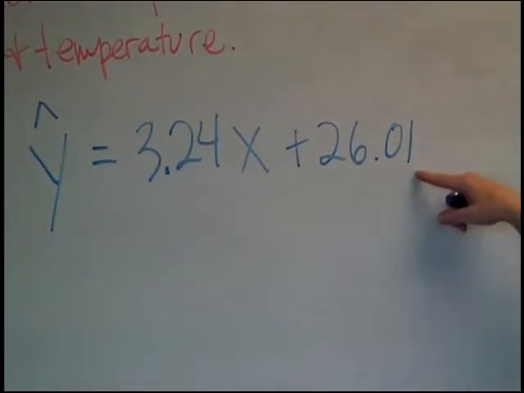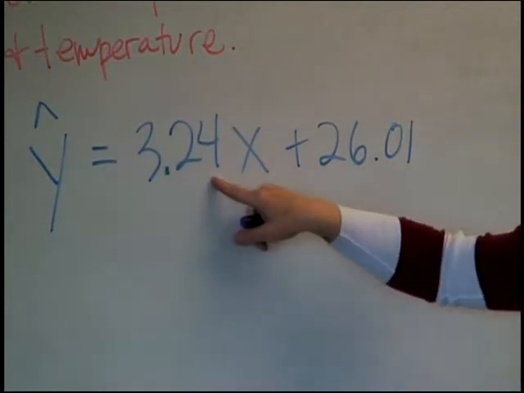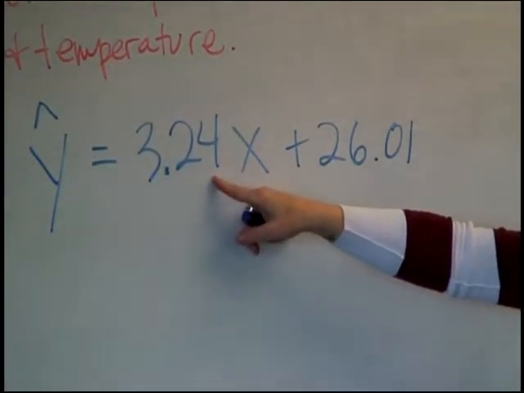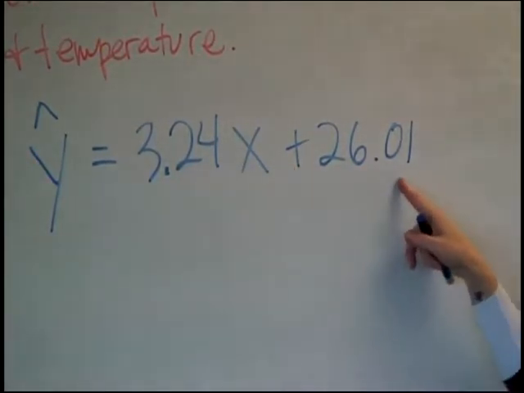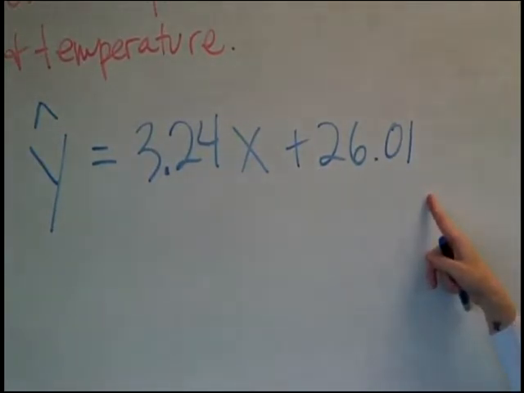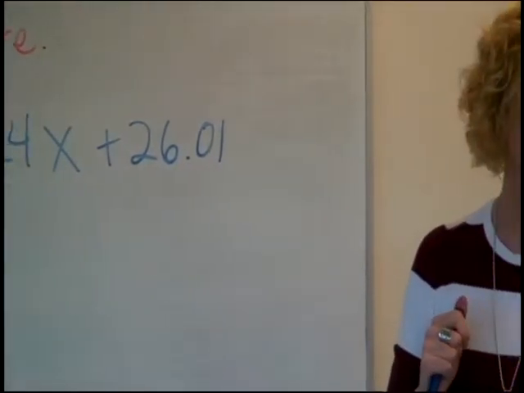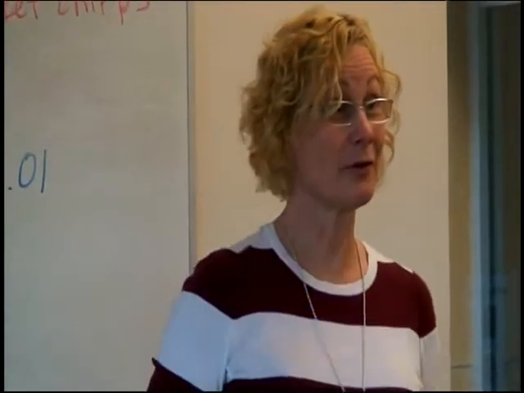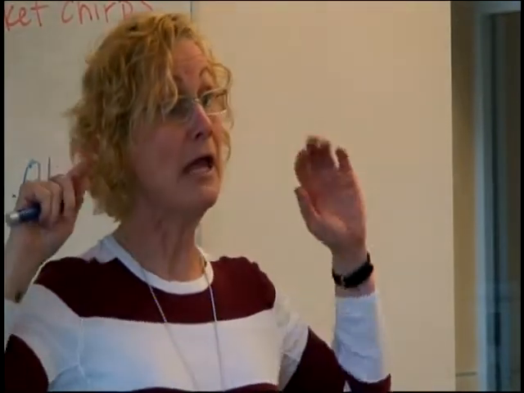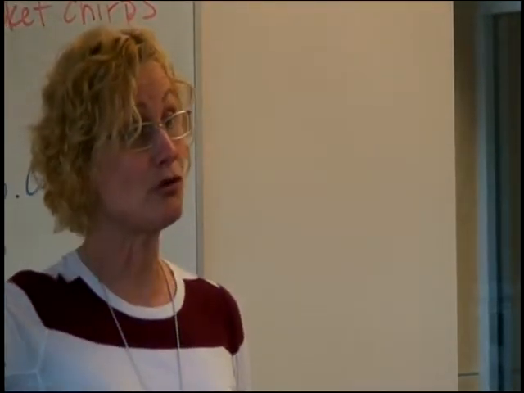What does the slope mean? And is the y-intercept applicable here? Can somebody tell me what the slope means in terms of cricket chirps and temperature? Go ahead, Jennifer. Okay, as crickets chirp more, the temperature increases.